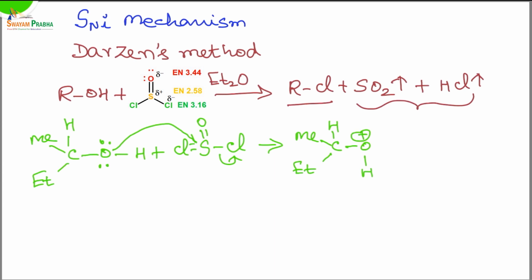Due to this, the oxygen gets a positive charge. So this Cl minus is liberated. This Cl minus then abstracts the proton.